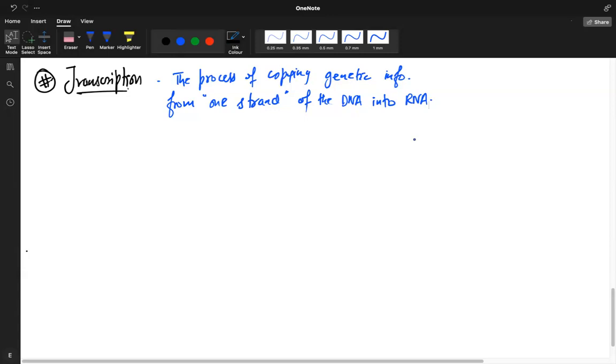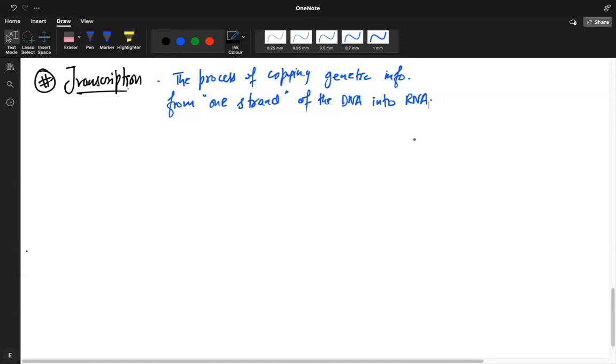Any information that you want to express in a cell, you need to make RNA of that gene. So gene is a part of DNA. It opens, RNA is formed, and that RNA comes out of the nucleus and then gets translated inside the cytoplasm. I hope the picture is getting clearer to you as we are going forward. Everyone make sense?